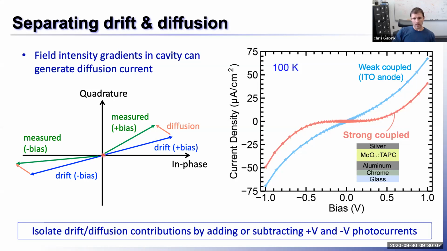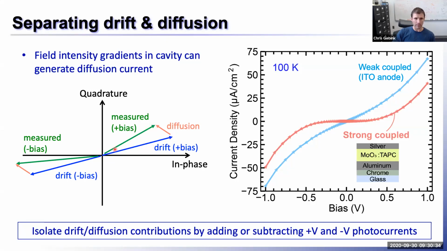And so if we look at the phasor sum of the drift and the diffusion photocurrent contributions, the drift, of course, changes sign as we change the bias. There is no built-in field in these cavities. Their current voltage characteristics are symmetric. But the diffusion is governed by the intensity gradient in the cavity, so that's field independent. And so the measured signal is the sum of these.